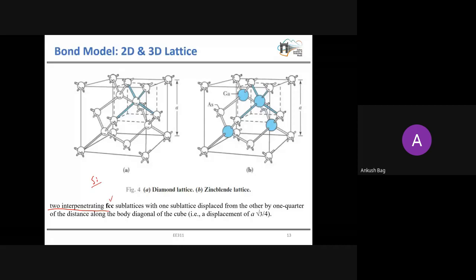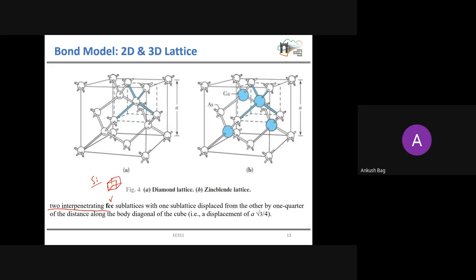FCC you have seen earlier: in a simple cubic, if you place 6 atoms on the 6 faces, you will eventually get FCC. Now if we have two interpenetrating FCC, that means take one FCC cube, then place another FCC cube.